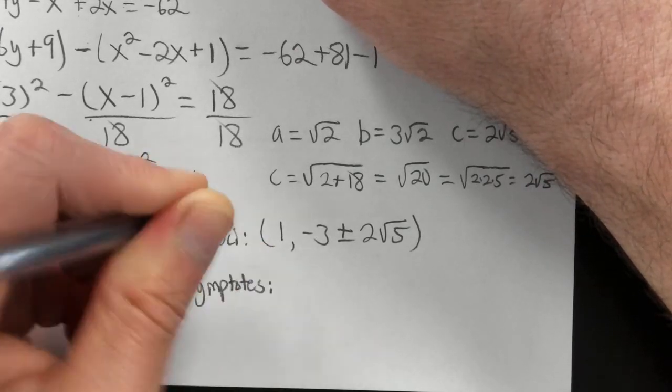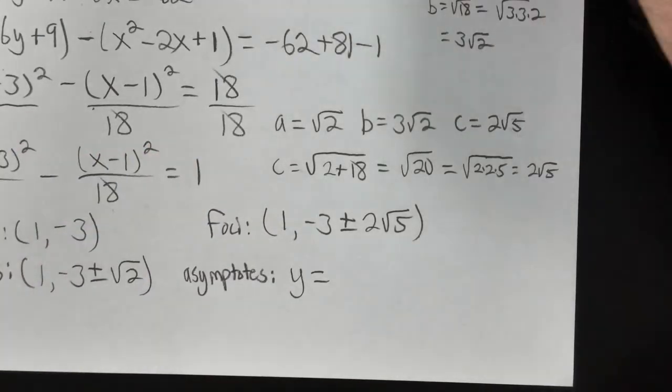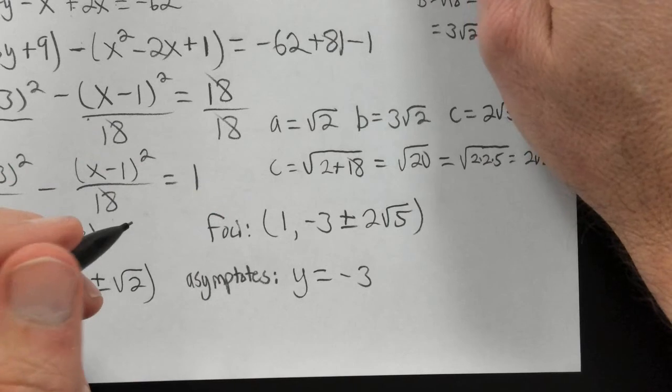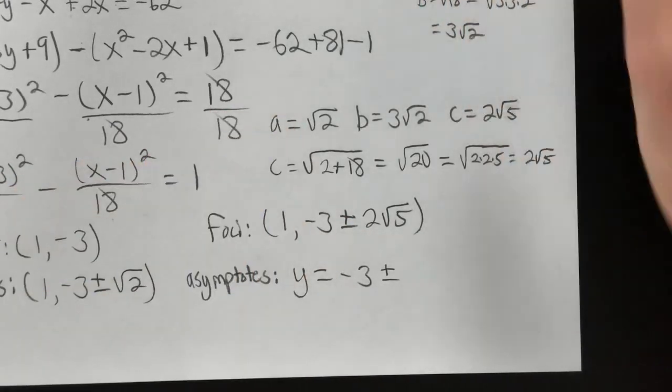All right, so my asymptotes are going to be y equals k, and remember my k is negative 3, so we'll have negative 3 there, plus or minus.